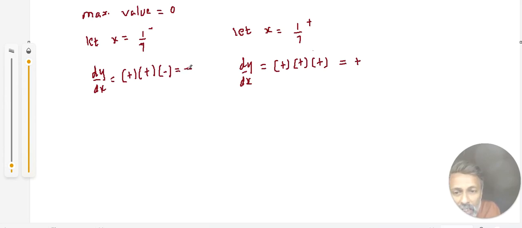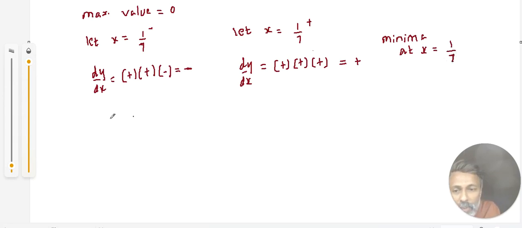So the derivative sign is changing from negative to positive. Hence we conclude that we will be getting a minima at x is equal to 1 upon 7.